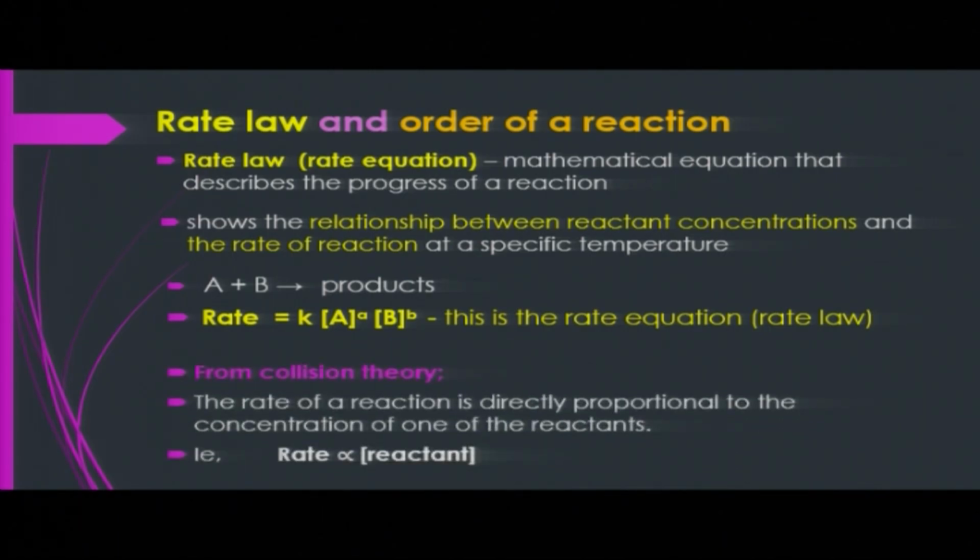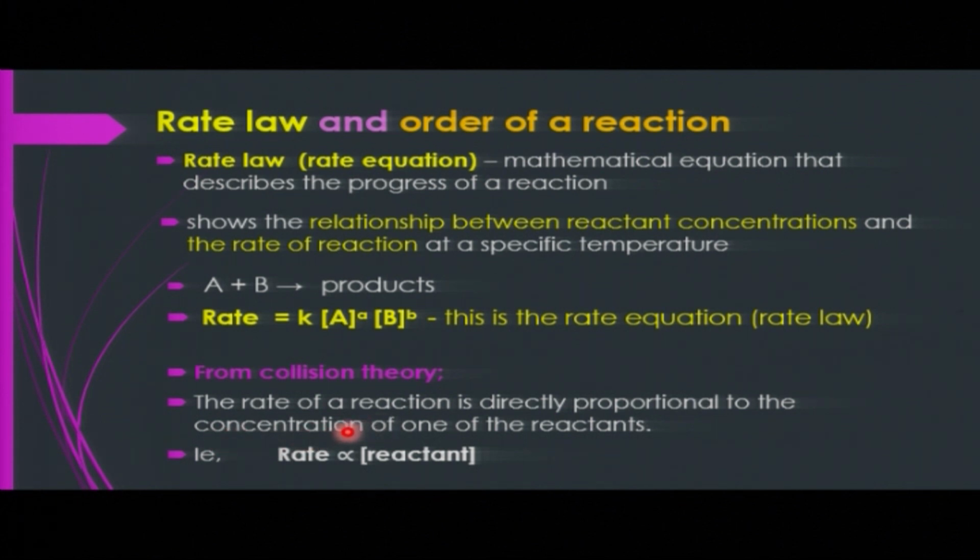We looked at collision theory, didn't we? Yes, we did at the start. So for products to be formed, reactants must collide. And if you have more reactants, then there are high chances of collision. When I talk of more reactants, I mean in terms of concentration.